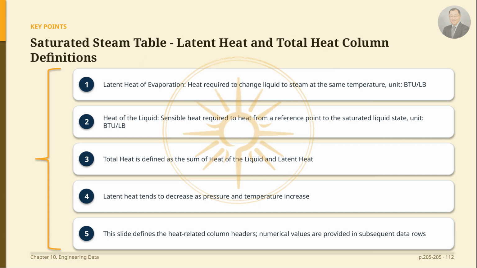Then, the total heat is defined as the sum of these two, the enthalpy of liquid and the latent heat of evaporation. Generally, as pressure and temperature increase, the latent heat of evaporation tends to decrease. This section defines the headers of the heat columns, and the actual values will be covered in the following data rows. When reading the table, you can easily verify the consistency of the values by remembering that the total heat is the sum of the two columns.